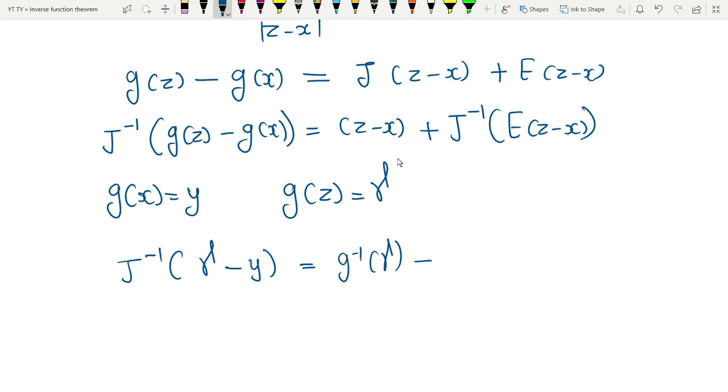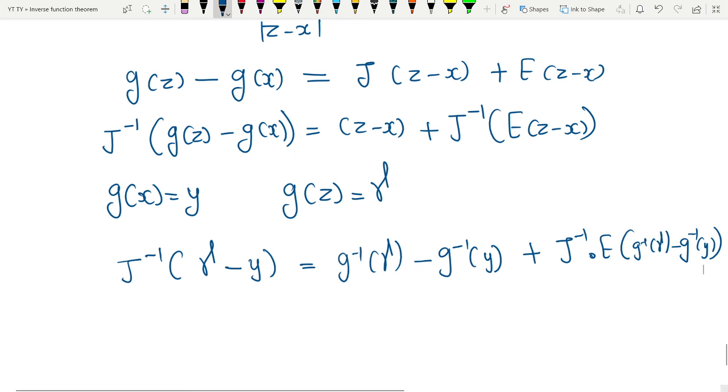And x is nothing but G inverse of y, plus J inverse composed with the error function of z minus x. Here z minus x is nothing but G inverse of gamma minus G inverse of y.